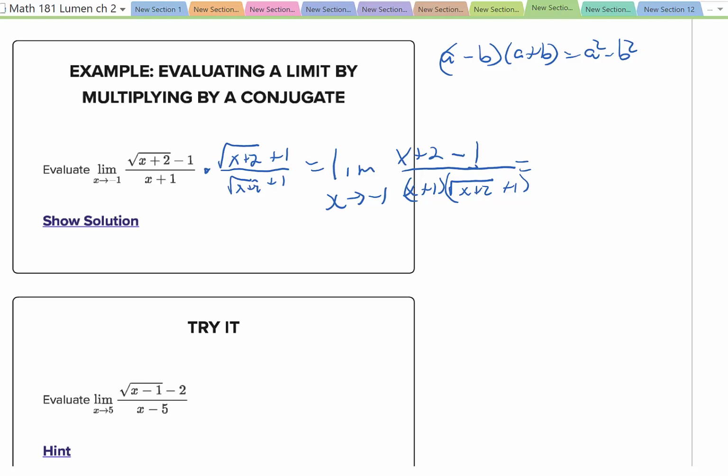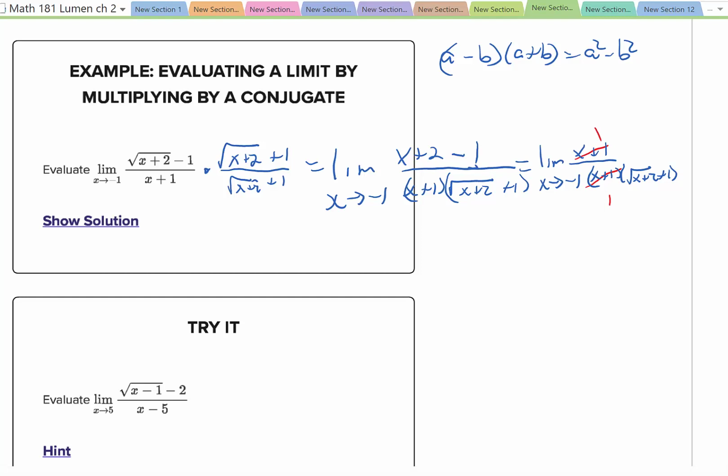So now as we go on, at first glance, I still have an x plus 1 down below. I have the limit as x approaches -1 of x plus 1 over x plus 1 times the square root of x plus 2 plus 1. Oh, look at that. That worked out for us. The x plus 1's divide out.